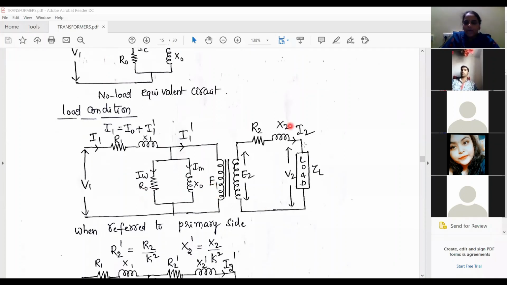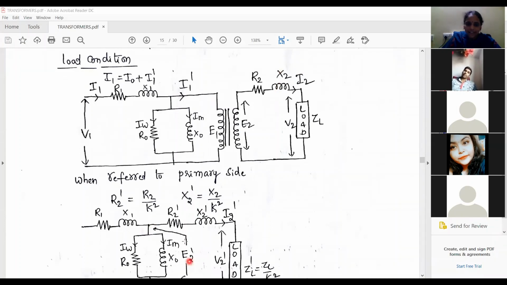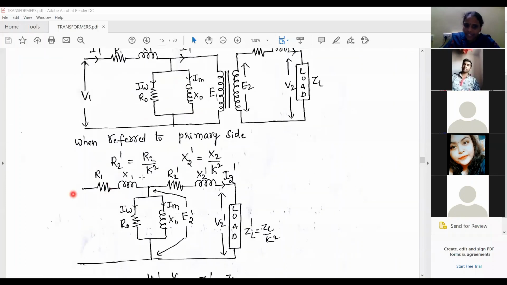Now I want to transfer the secondary parameters to the primary side. What should I do? Multiply with K square, and it will become R2 dash and X2 dash. We already have the parameters R1 and X1 in the primary. Again, I am transferring the secondary parameters R2 and X2 to the primary, so this becomes R2 dash and X2 dash.